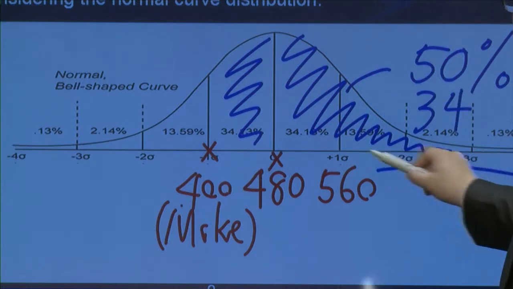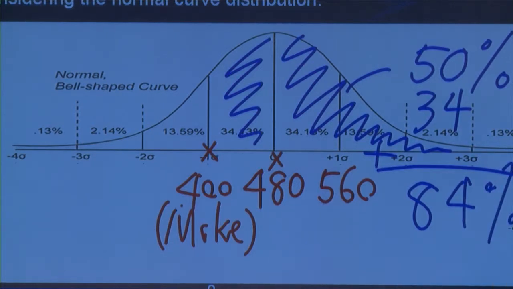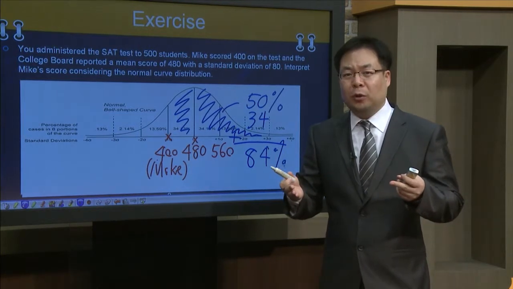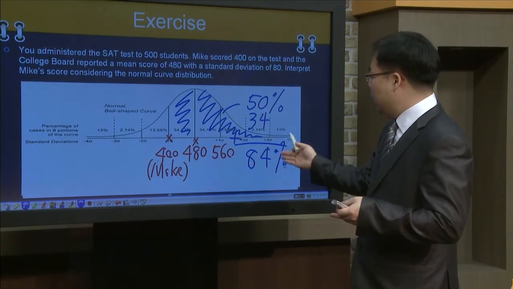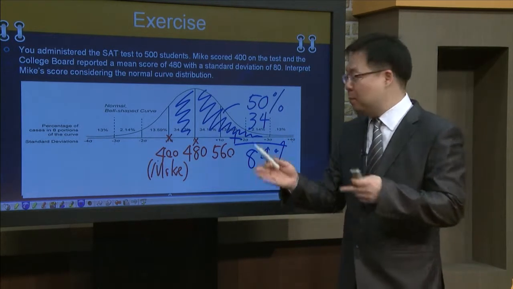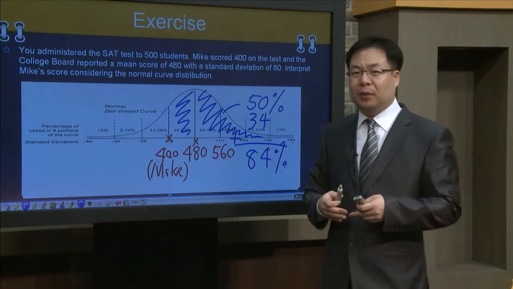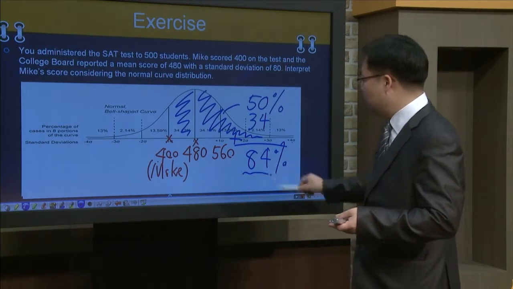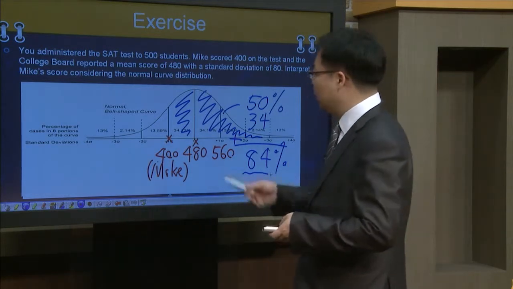So if we put together, that is about 84%. Okay, so if we have about 100 students, there are 84 students who did better than Mike. So actually, Mike didn't do a really good job. He did a poor job because out of 100, he ranked about 84. So he didn't do really well in this case.